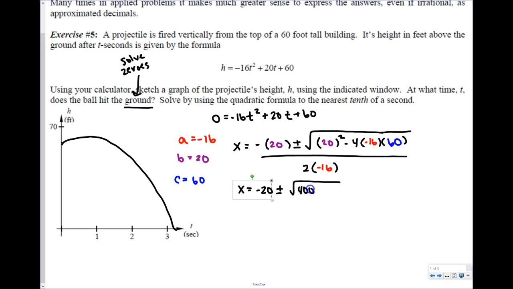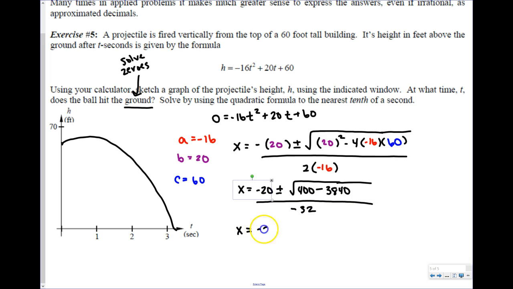So I get 400 minus, okay, 4 times negative 16 times 60 is actually 3,840. So if you plug this into your calculator, 4 times 16 times 60, you get this big number. So sometimes you have to use your calculator. Okay? All of this divided by negative 32.